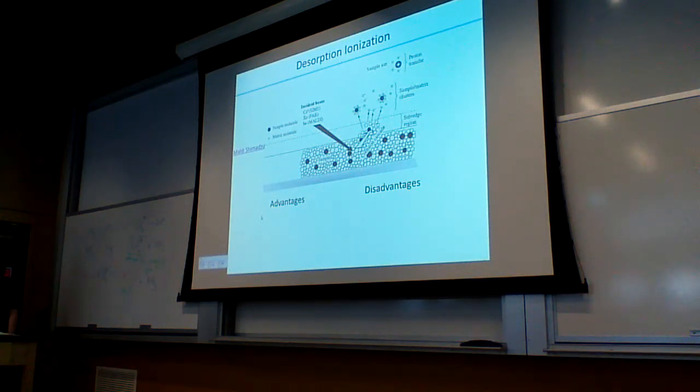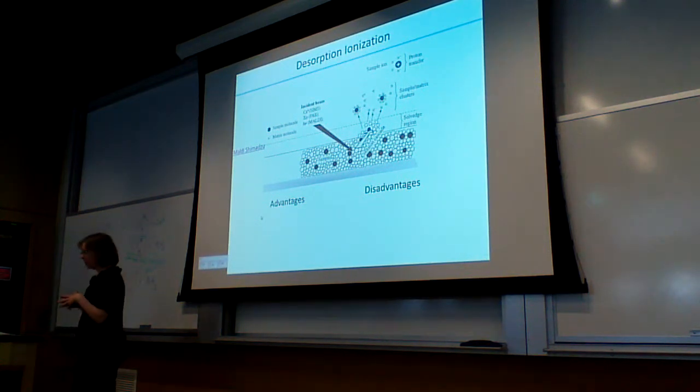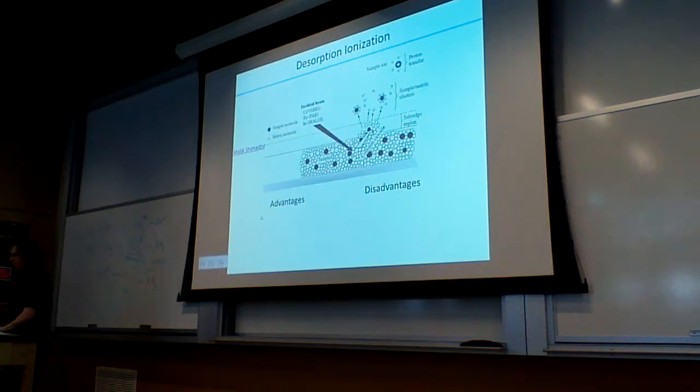Alright, let's look at desorption ionization. So in desorption ionization, you have a matrix that contains some of your sample. And the matrix needs to be tuned specifically for the type of desorption ionization that you're doing.